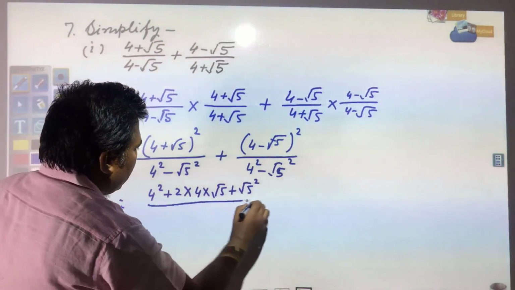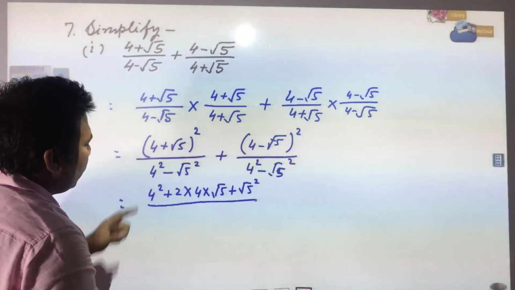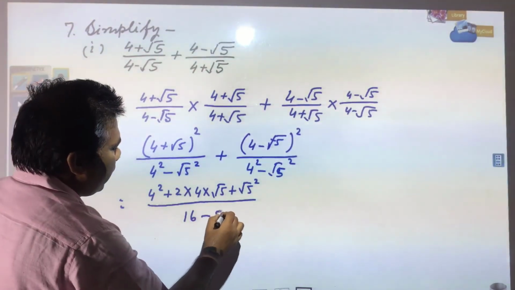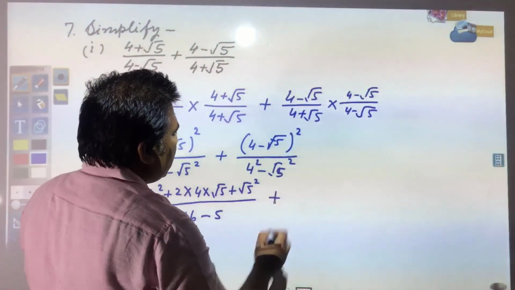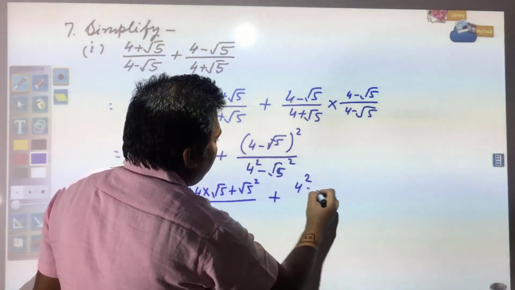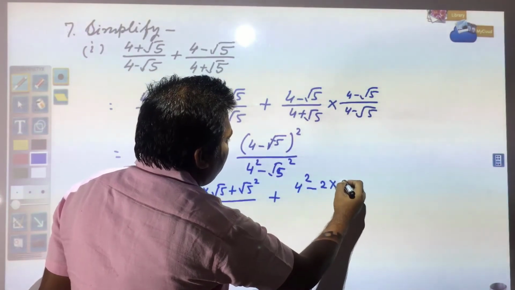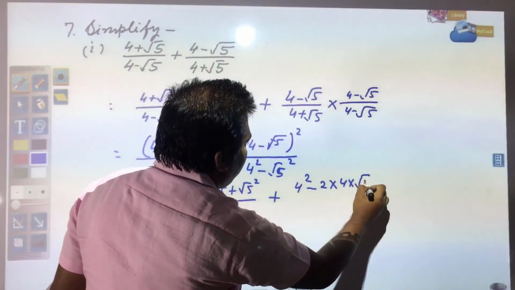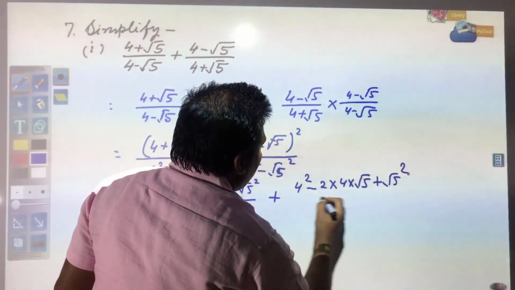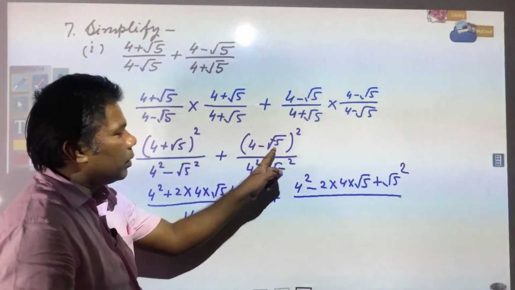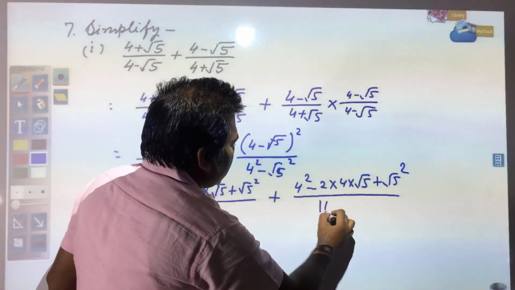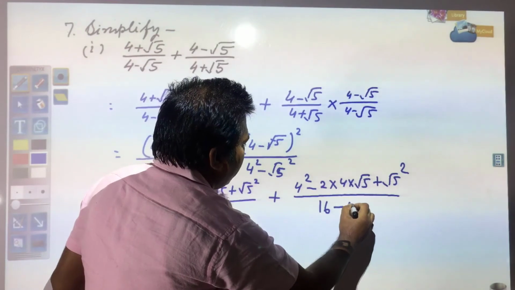divided by a square, means 4 square is 16, minus root 5 square is equal to 5, plus here you see 4 square minus 2 into 4 into root 5 and plus root 5 square. a minus b whole square is equal to a square minus 2ab plus b square, and this is 16 minus 5.